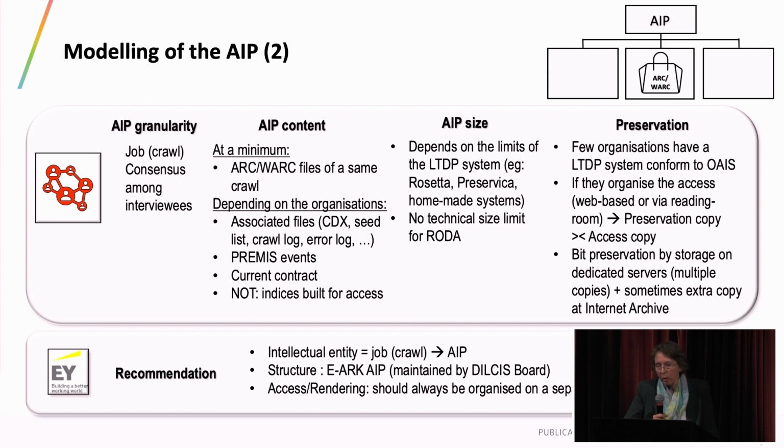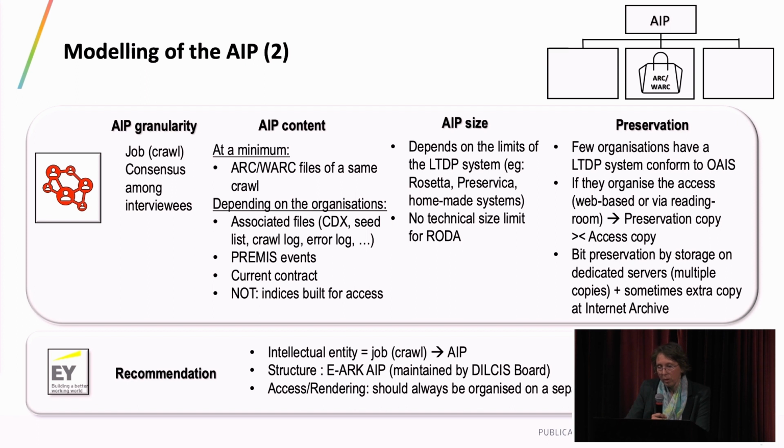Concerning the long-term preservation systems, we see that few organizations have a long-term preservation system conformant to OAIS. And if they organize the access, they make a clear difference between the preservation copy and the access copy.